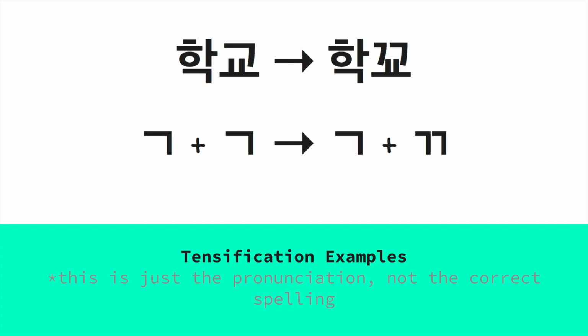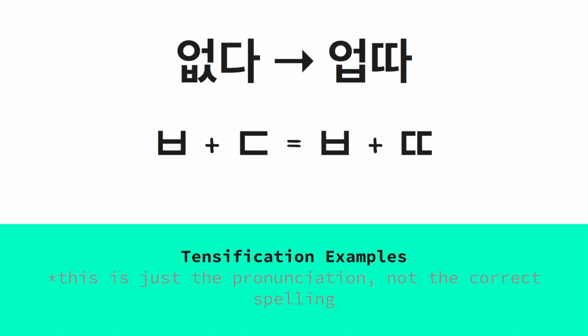In this example, 기역 is followed by another 기역. So in pronunciation, 기역 is followed by 쌍기역, 학교. In this example, 비읍 is followed by 디귿. So in pronunciation, 비읍 is followed by 쌍디귿, 없다.